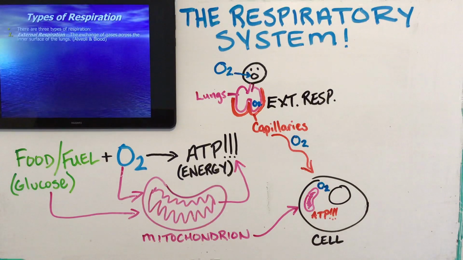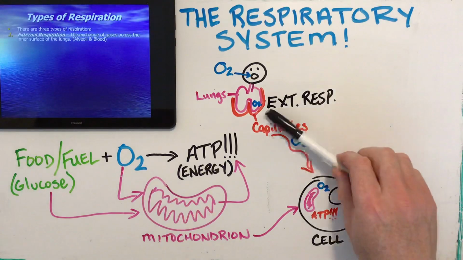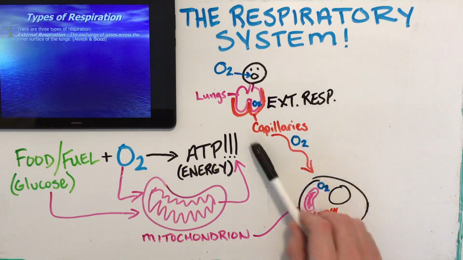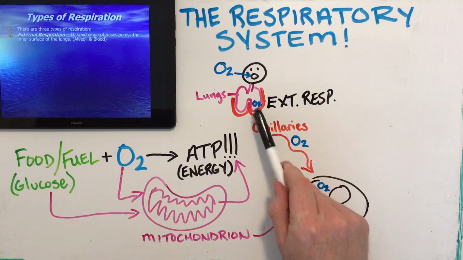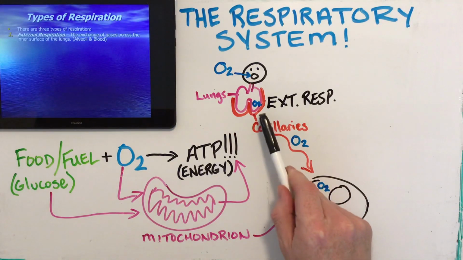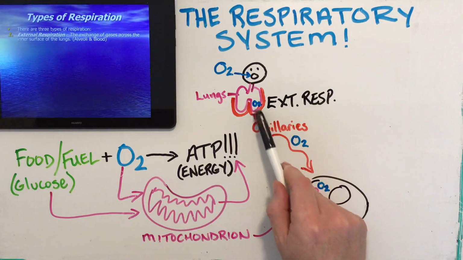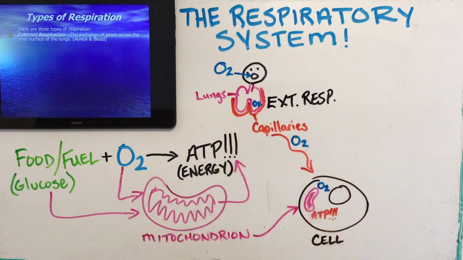And what happens there is it is absorbed through the wall of the lung into capillaries. Capillaries are types of blood vessels. That's why I drew it in red here. And the capillaries surround the lungs. And so the first exchange is right here. Oxygen goes from the lungs into the blood. That's external respiration, right?